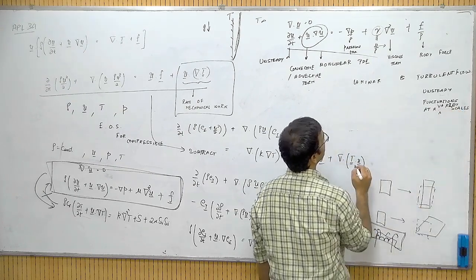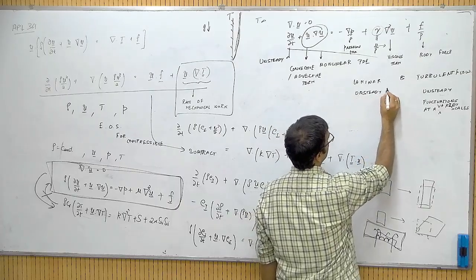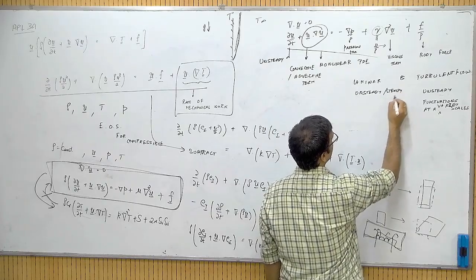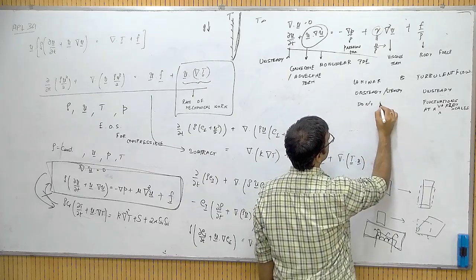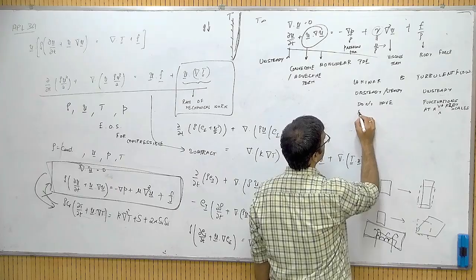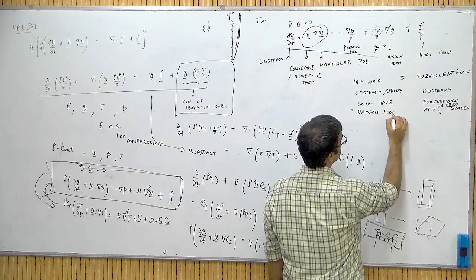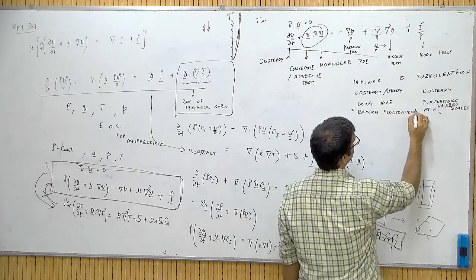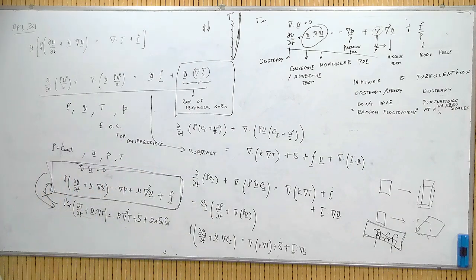Laminar flows can be unsteady, or steady as well, but they don't have random fluctuations in the flow field. What we mean by random fluctuations is that there is no randomness in these equations. These are not stochastic equations. There is no random function appearing in those equations.